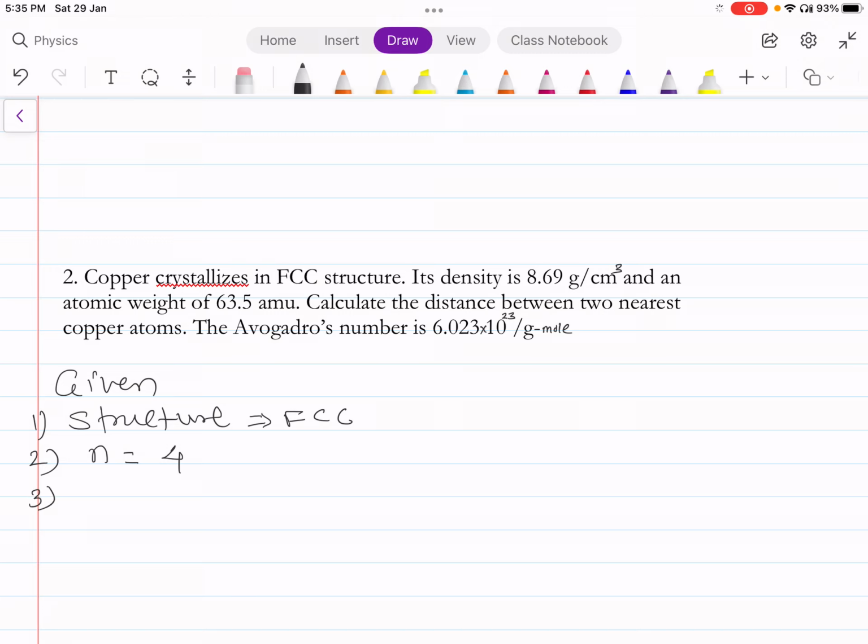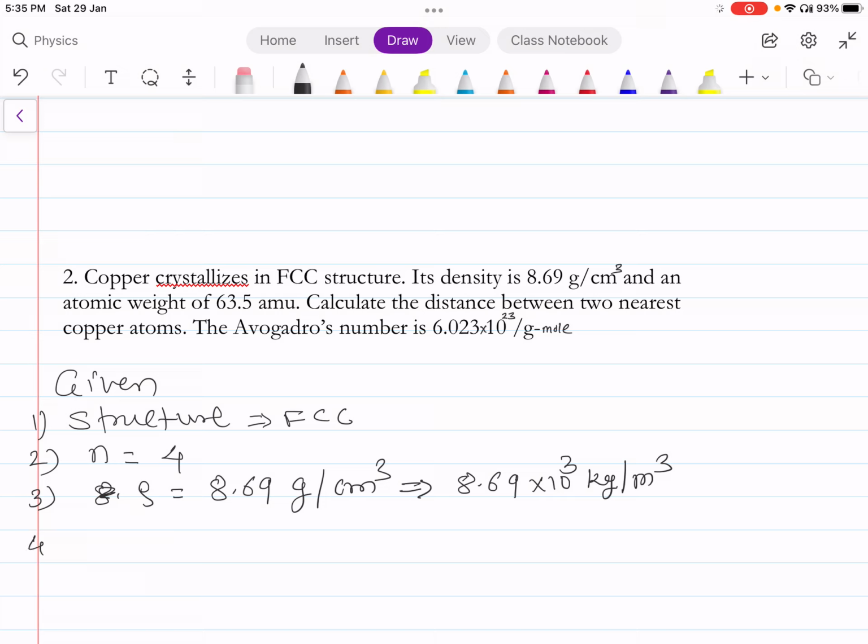Then the third quantity is the density of copper. Let us denote the density by rho, which is 8.96 gram per centimeter cube. Let's convert this into MKS units. In MKS, it is 8.96 into 10 to the power 3 kg per meter cube. So that is the density.